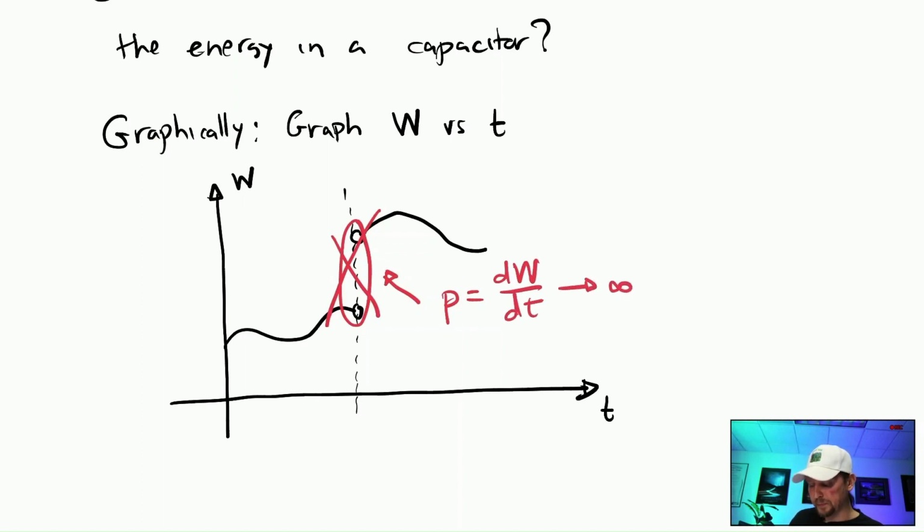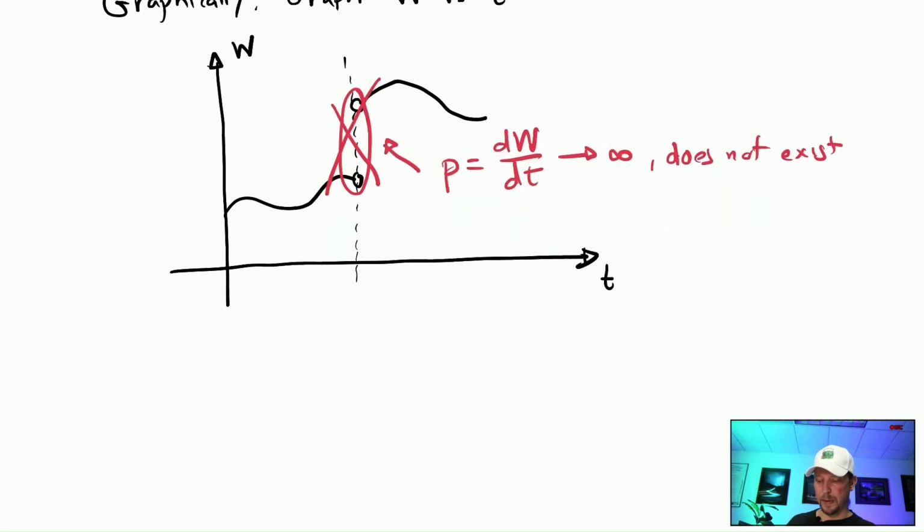It would be infinite. Now, based on physical considerations, it should be clear that you cannot have an infinite power. You cannot have the capacitor generating or accepting an infinite amount of power.